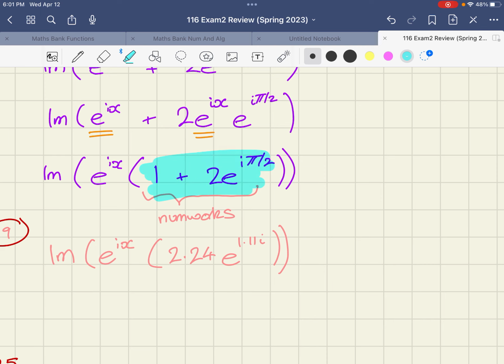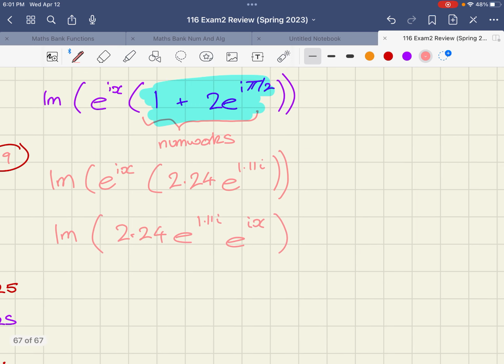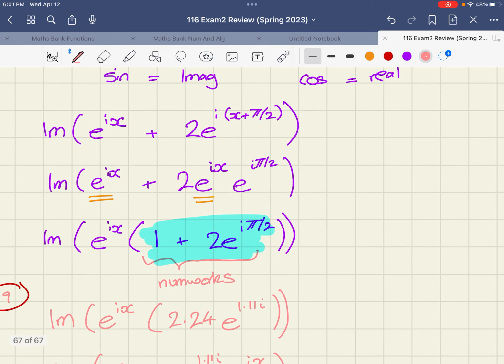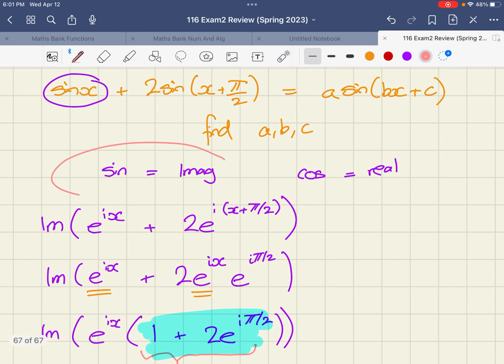So at this stage now you can combine it back together again. I get 2.24 e to the 1.11i e to the ix. It's just multiplying it out, which is the imaginary part of 2.24 e to the i x plus 1.11. And that's it. Now, you've got to remember, right at the beginning, we said sine was the imaginary part.